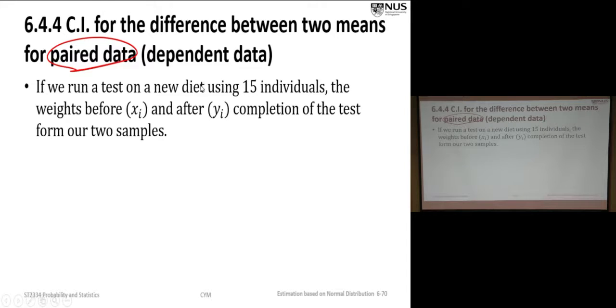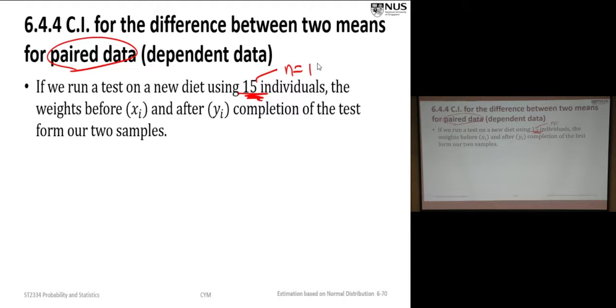Okay, so now what happens if we look at the difference between two means for paired data? In other words, we are looking at dependent data. So for example, in this case, we run a test for a new diet on 15 individuals.